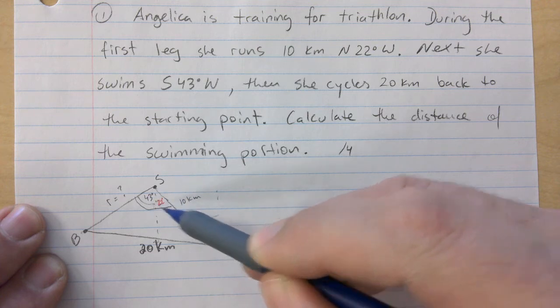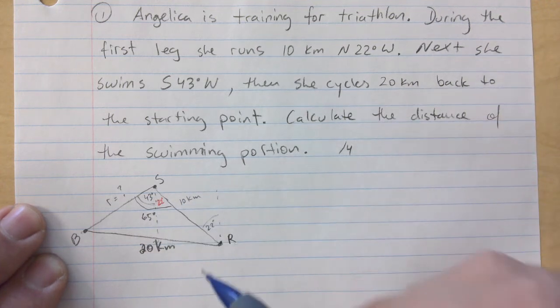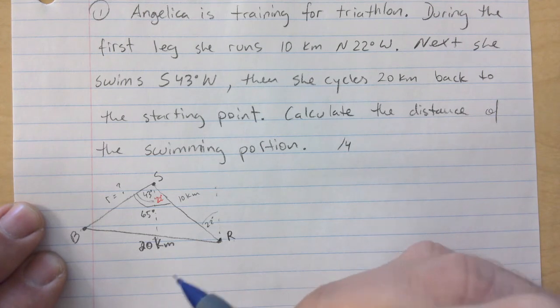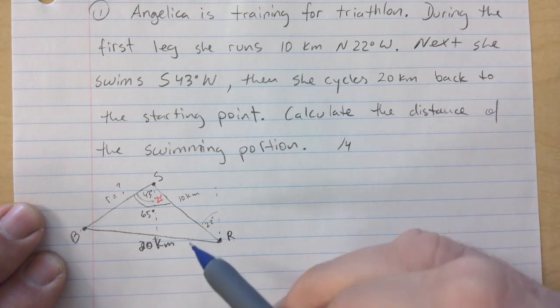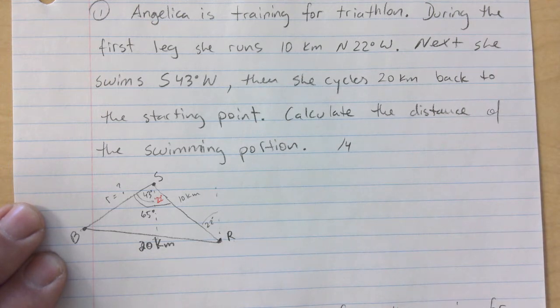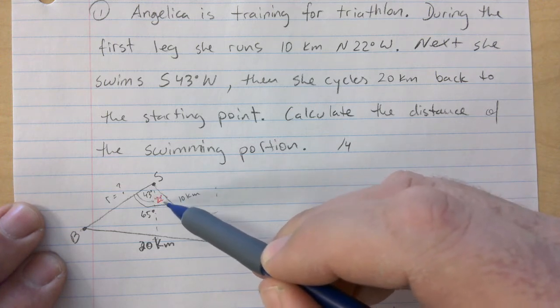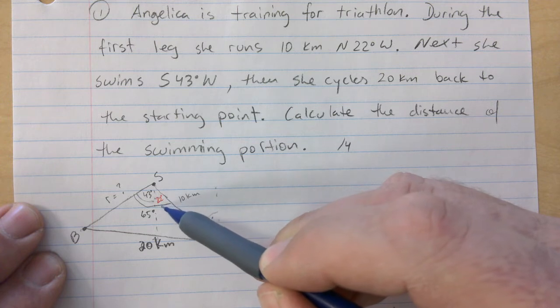That's 65 degrees. So I would say you get 1.5. If you have the diagram in principle, you get 1, and then you get another half mark for bringing the 22 into the mix here.